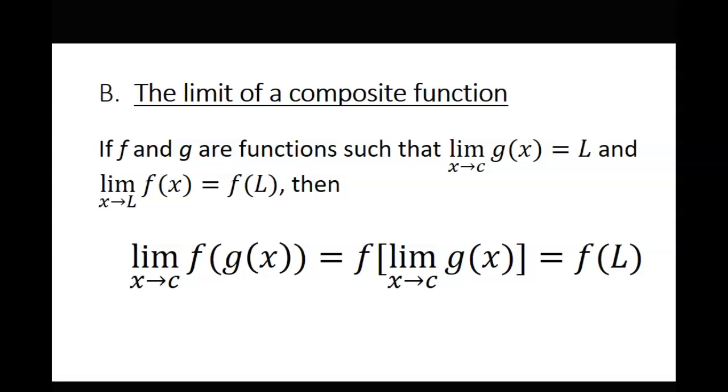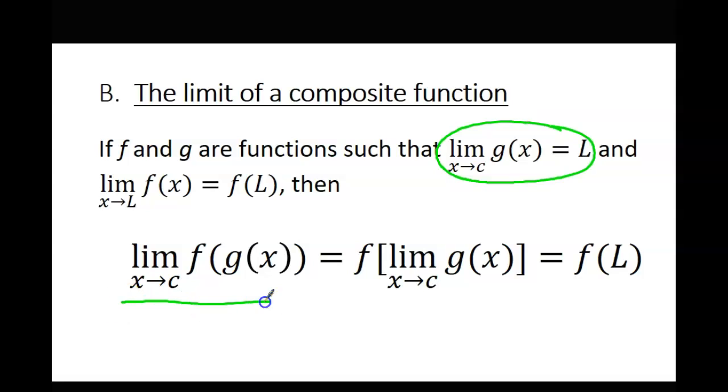If f and g are functions, such that the limit of g of x as x approaches c is L. So let's keep that in mind, okay? We know that the limit of g as x approaches c is L, okay?